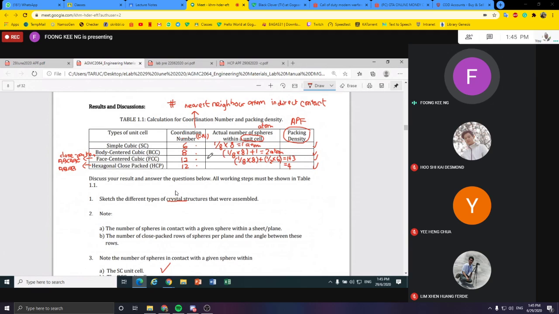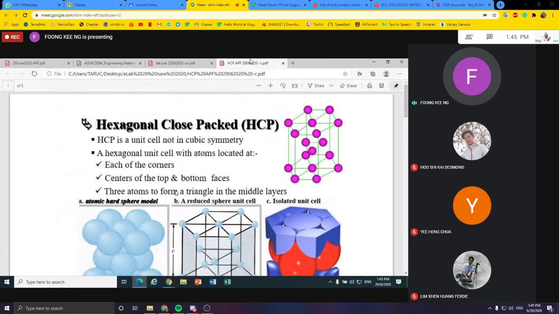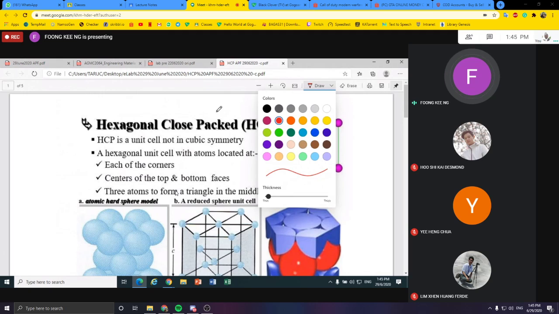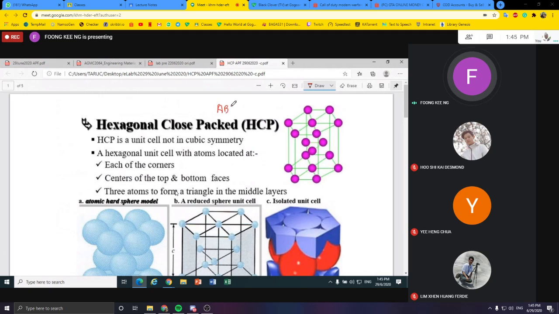So let's go to HCP. Your friend told me earlier they look at the lecture notes, and this is one I give you in addition to that. We looked at the pre-recorded video last week, recall hexagonal close-packed. We have HCP by stacking of the close-packed planes of A and B, and automatically we get HCP.